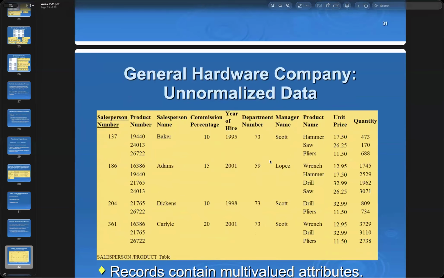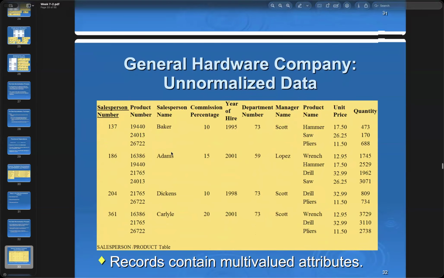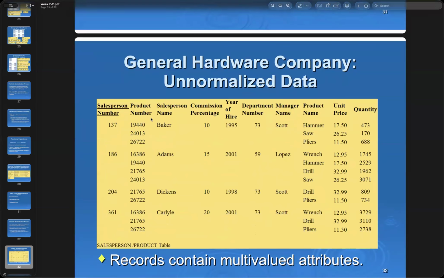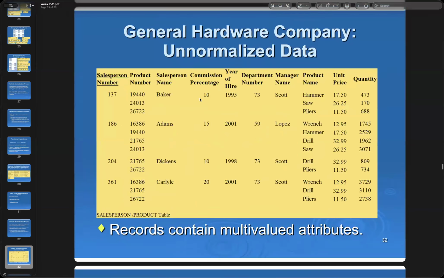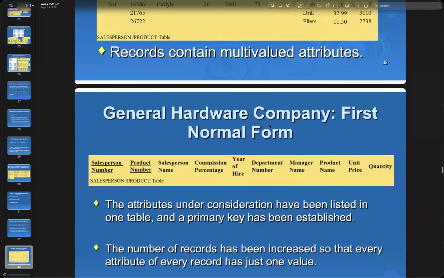So right here, what's the unnormalized data? We have the sales numbers, the product numbers, and names, all these, which we call multi-value attributes. If we see in one row we put the product numbers and the product names, grouping all together.